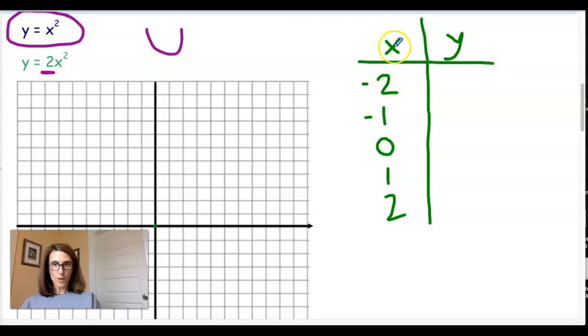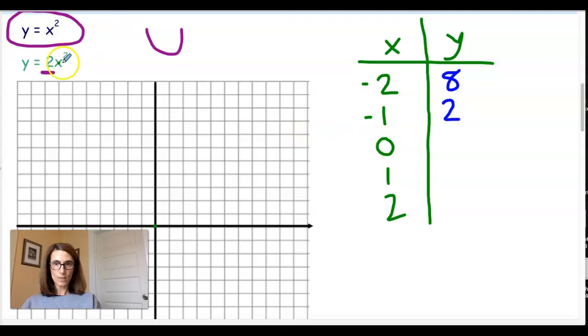If we take our -2 and plug it in for x, -2 squared gives you +4. +4 times 2 is 8. If we take our -1, -1 squared is just +1. +1 times 2 is 2.